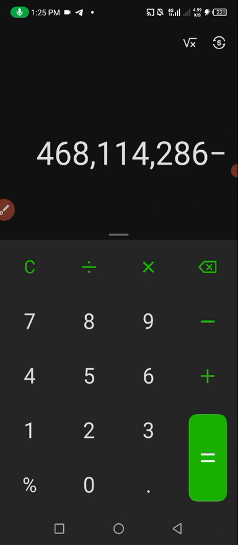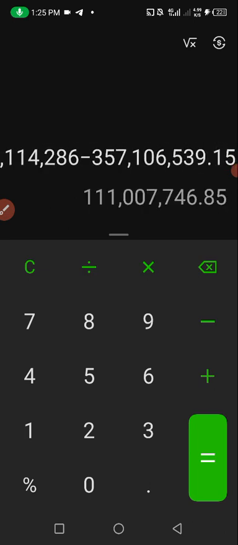The way the buying power is going up is crazy. So the first coin left to be bought on the pre-sale is 111,007,746.